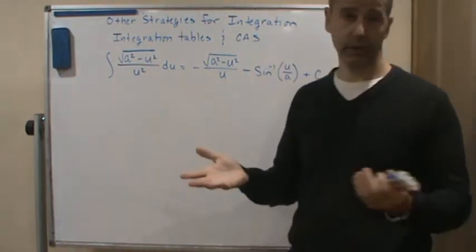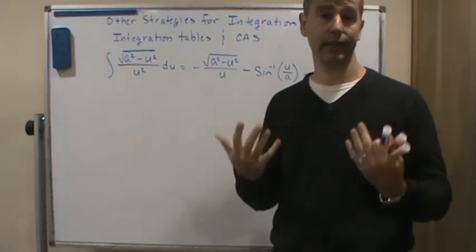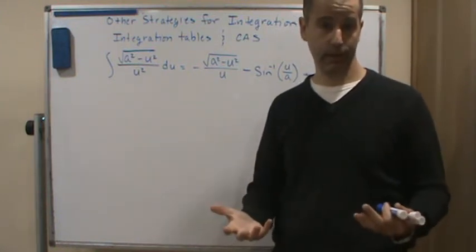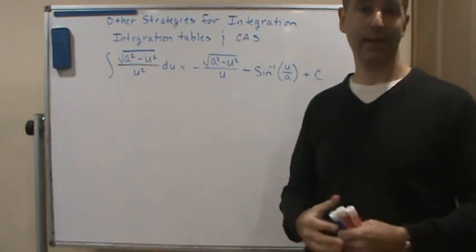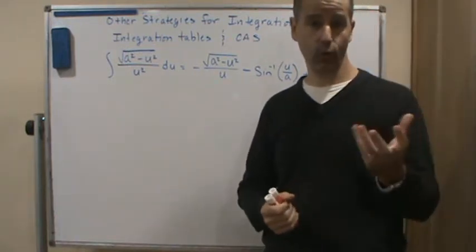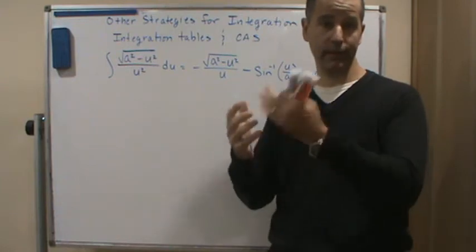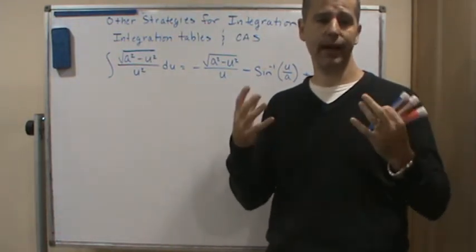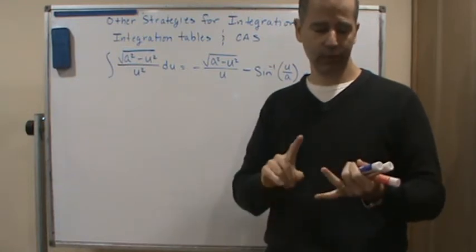So, integral tables. Integral tables are lists of integral formulas. Basically, they tell you that if the integral has this form, then the antiderivative is going to be this. You can find these anywhere on the internet.